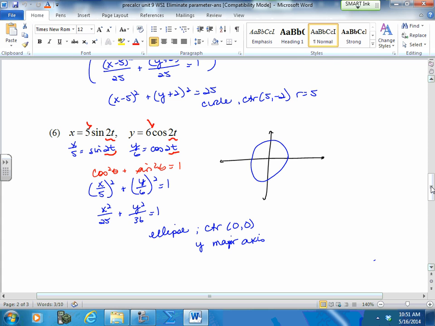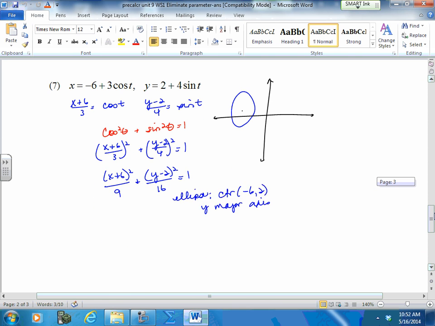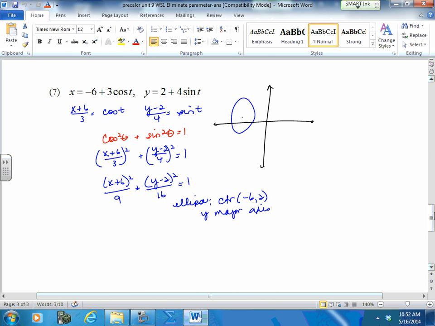Okay? And this guy, again, you have another ellipse. You can kind of tell because the numbers next to the coefficients of the cosine and the sine are different. Those are the guys you're dividing by. You can kind of see the term by itself is part of your center.